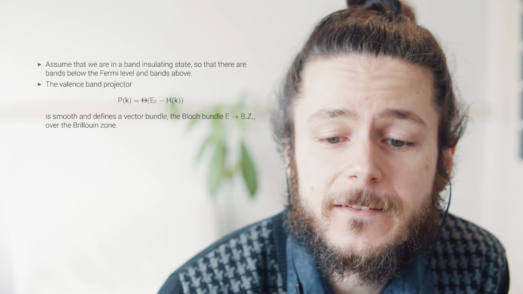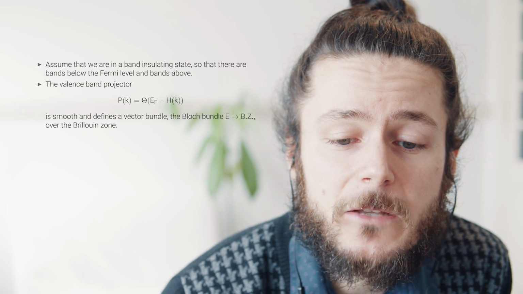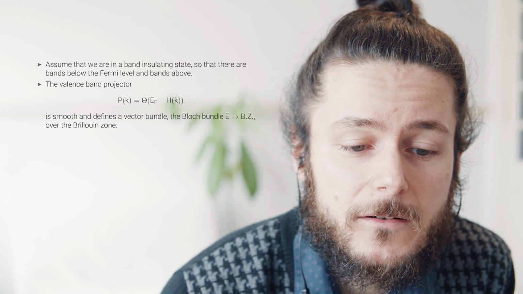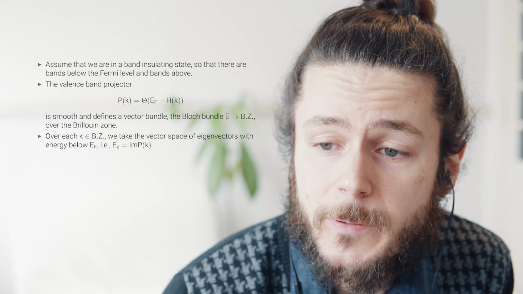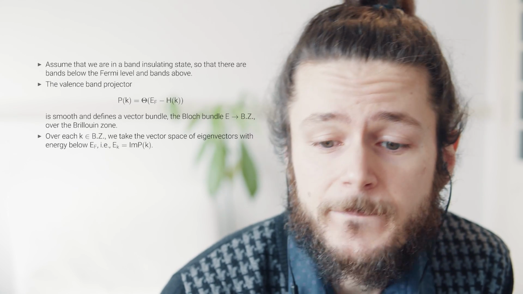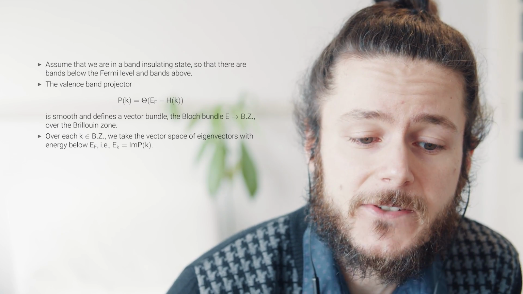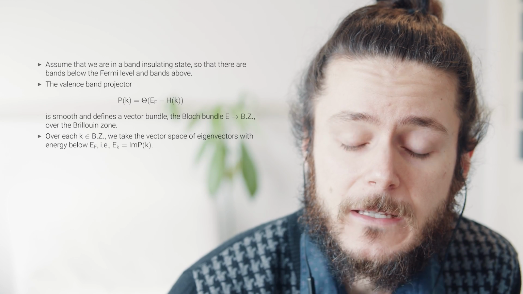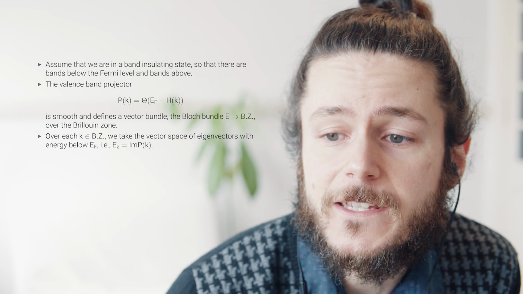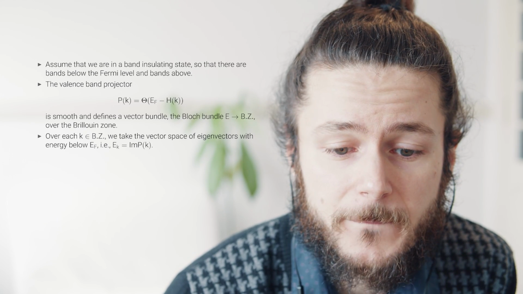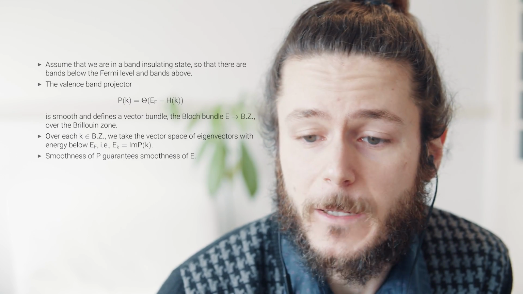And it defines a vector bundle, which is called the Bloch bundle, over the Brillouin zone. Okay? What is this vector bundle? So I take an element k in the Brillouin zone, a momentum k, and over each k, I will take the vector space of eigenvectors with energy below the Fermi level, meaning that essentially I will take the vector space which is the image of this projector at momentum k. Smoothness of P will guarantee the smoothness of this vector bundle E.